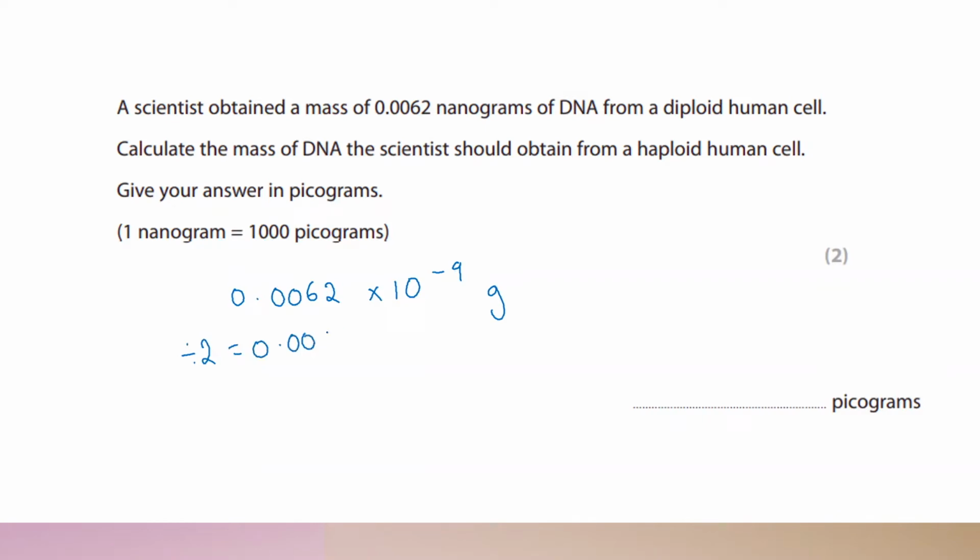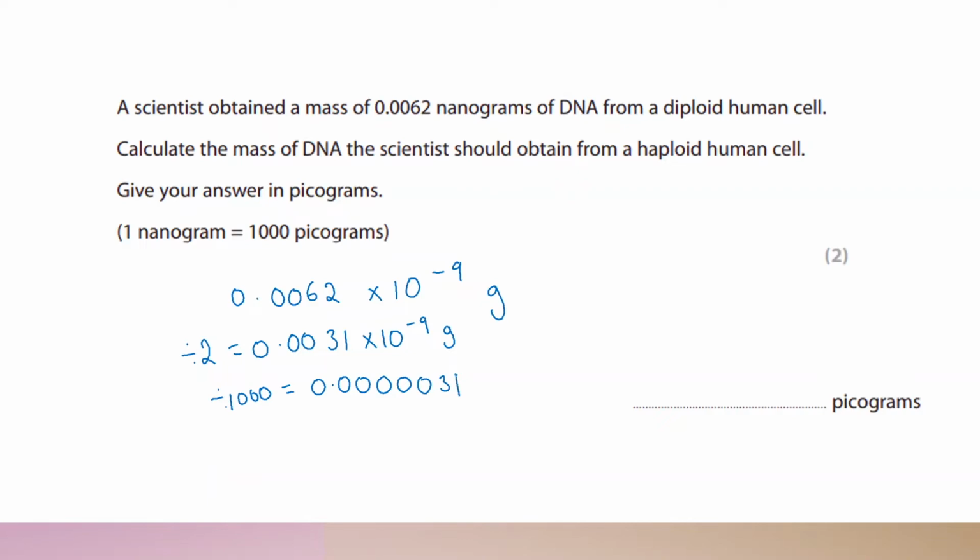So 0.31 times 10 to the minus 9 grams. Okay, 1 nanogram is 1,000 picograms. So we need to divide that by 1,000. So what you can do, you do it on paper, but you can calculate this one. So that would be divided by 10, 100, 1,000.